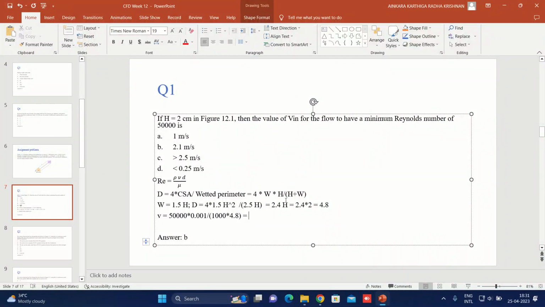Sorry, actually here it should be 2 times the wetted perimeter. So again, in that case D would be divided by, therefore it is 1.2 h, 1.2.